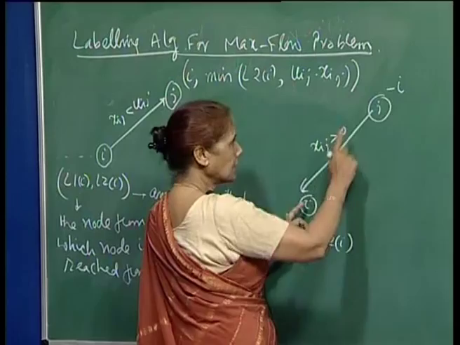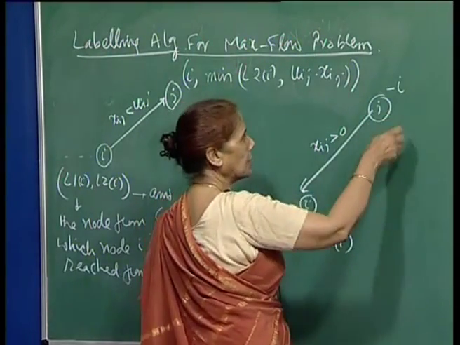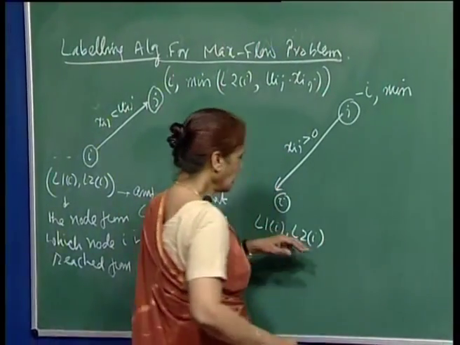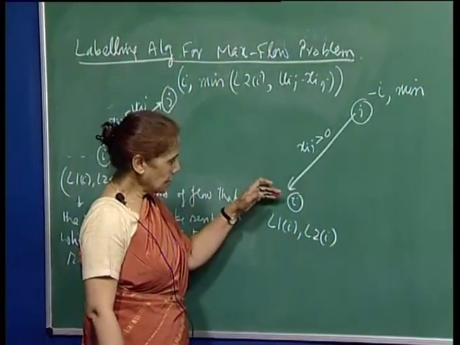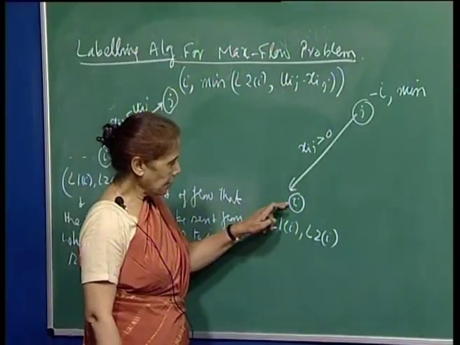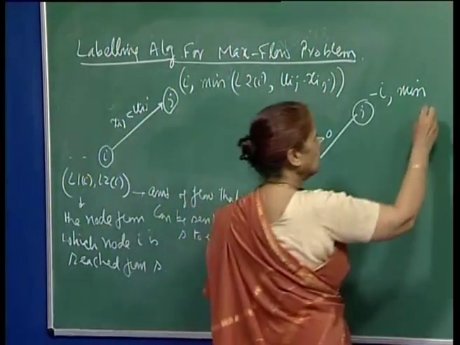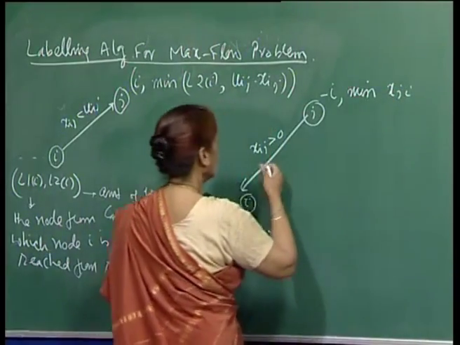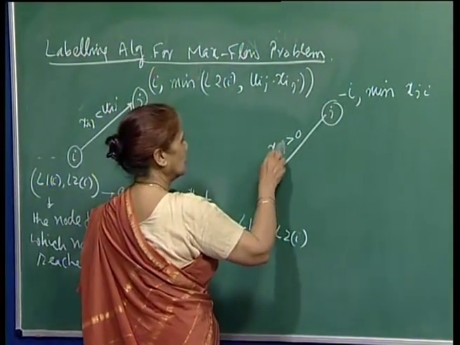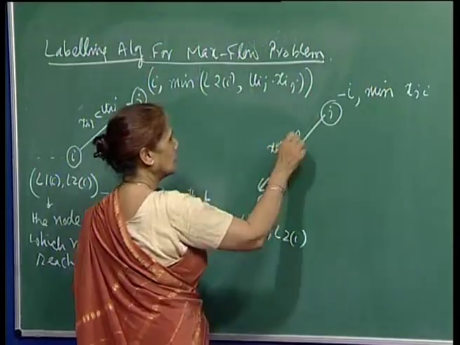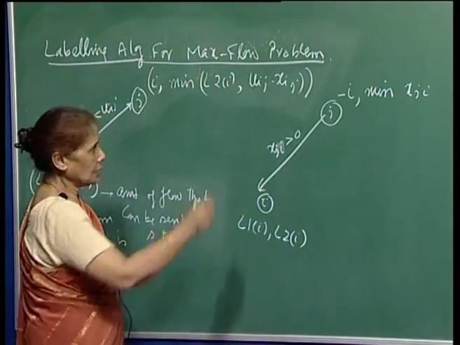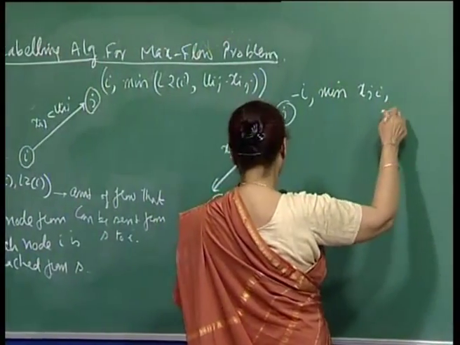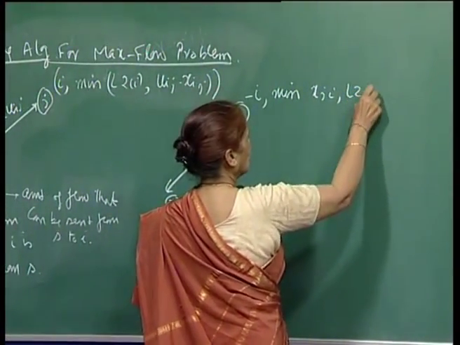That means the arc is actually from J to I. So, I write minus I, and then this will be the minimum of, again the same thing, I can reach this much flow up to this point from S. So, here it will be the minimum of xji, I should have said here that xji is positive, because flow is actually from J to I, and L2I.